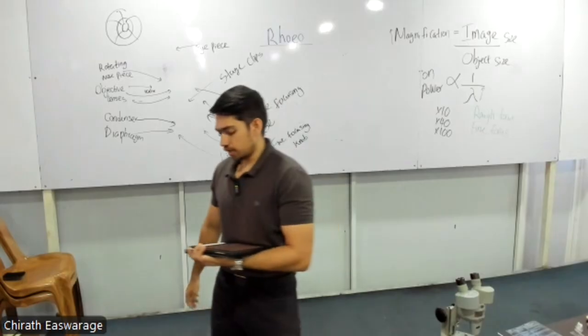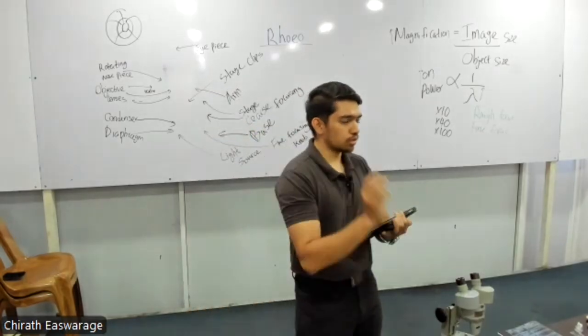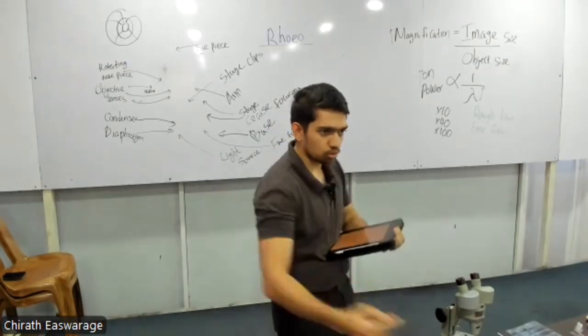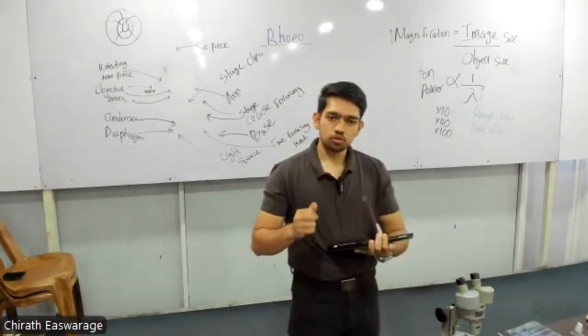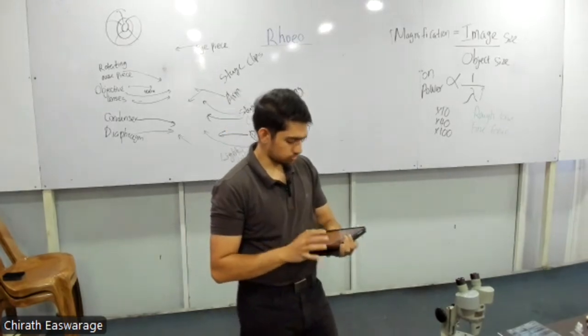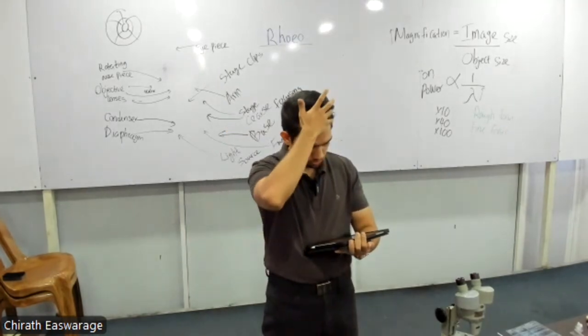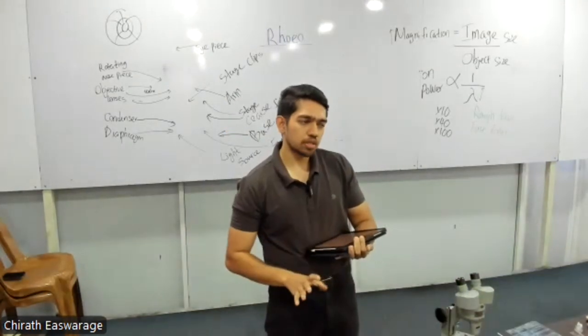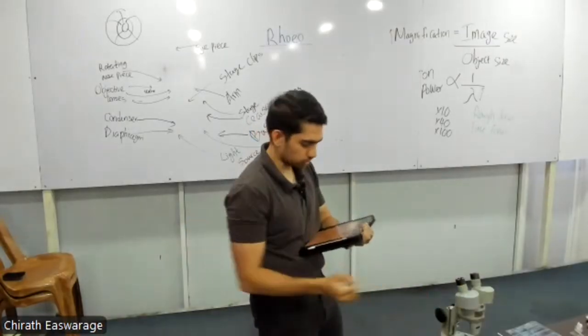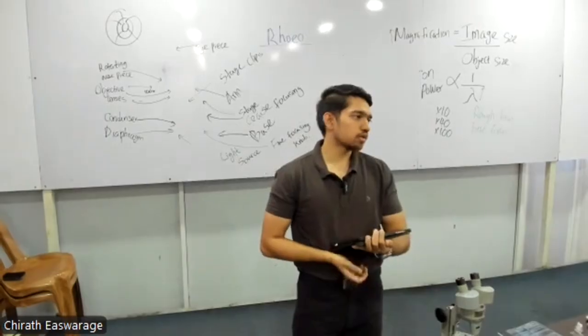As I mentioned earlier, we can use electrons in two ways: either send them through or bounce them off. Based on those two methods, we have two types of electron microscopes. First, the transmission electron microscope, which sends electrons through. It is used to study the internal structure.